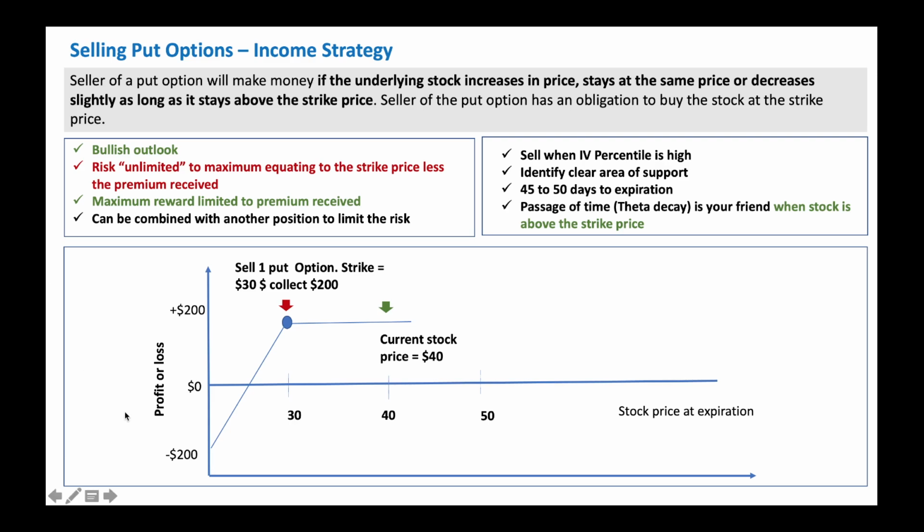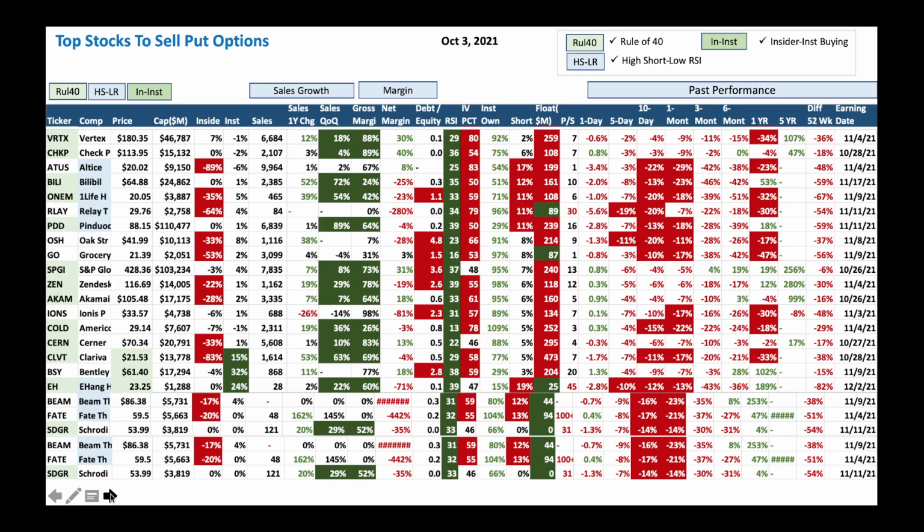So with that, let's take a few examples of a few stocks here. Today is October 3rd. Here is a list of stocks with high IV percentile. What I did is I made sure IV percentile is high and RSI is low. That's the winning combination here.